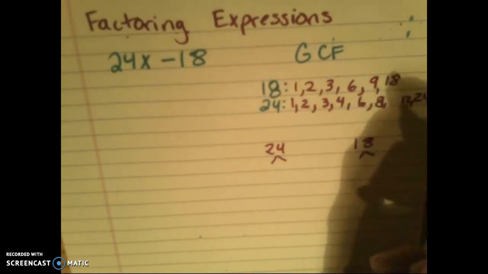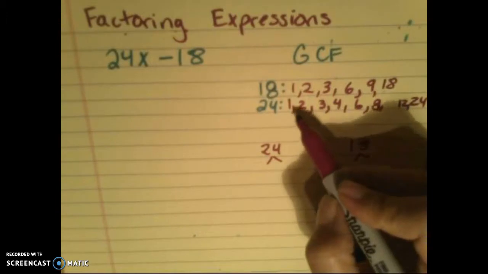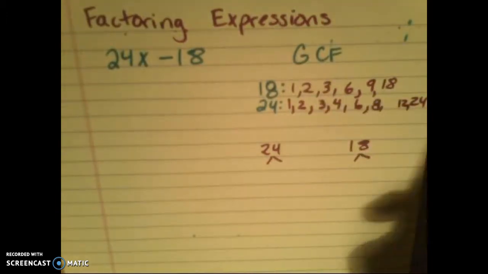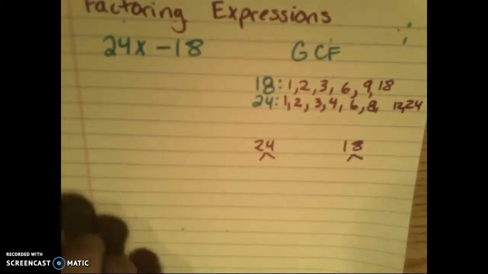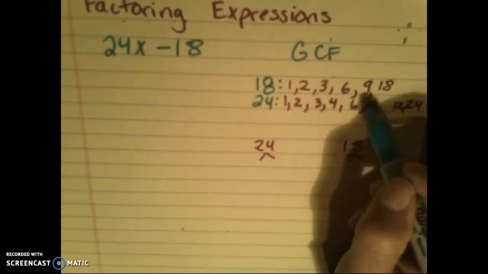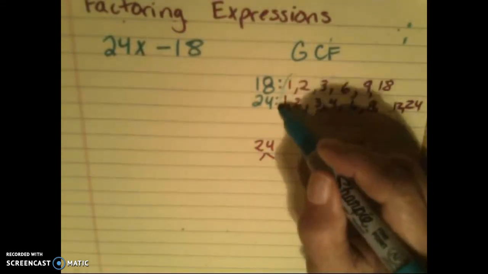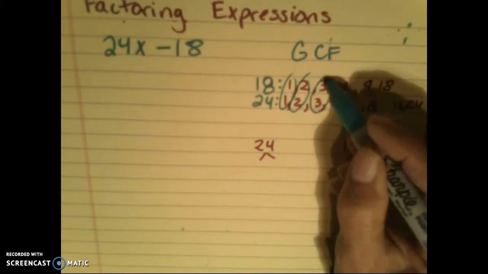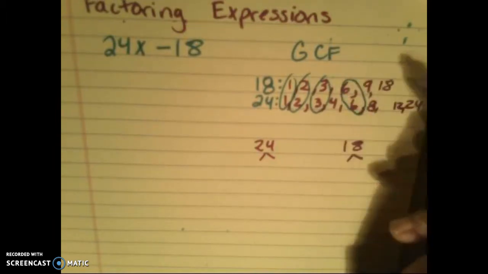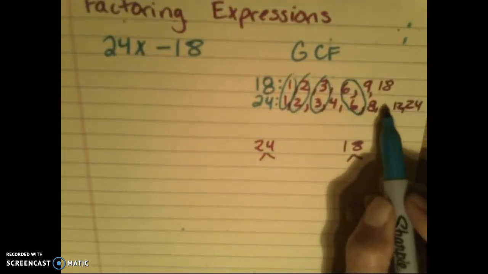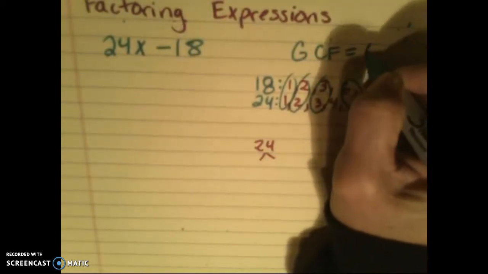So the greatest common factor here, if I look at the common factors, we have 1, 2, 3, 6, and then there's nothing else in common. So I know my greatest common factor is 6.